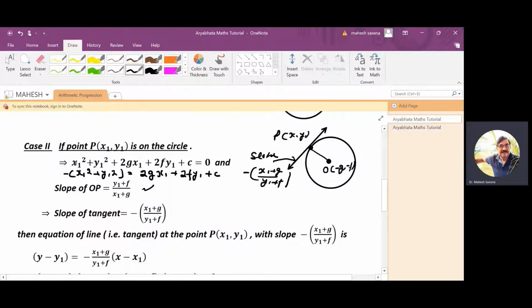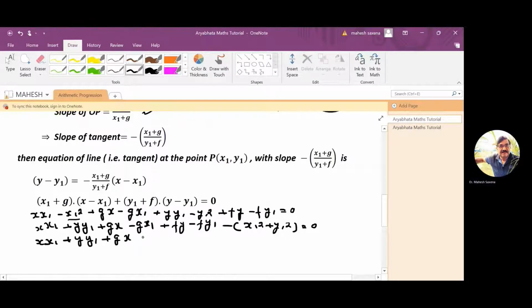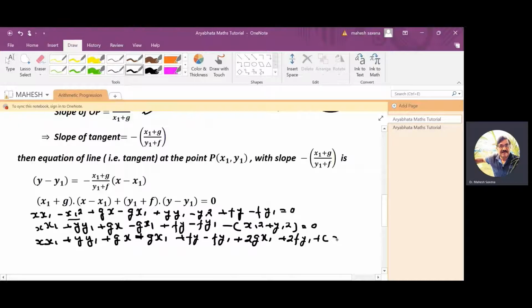Therefore, by putting this value in the equation, we will get that xx1 plus yy1 plus gx plus gx1 minus gx1 plus fy minus fy1 plus 2gx1 plus 2fy1 plus c is equal to 0.